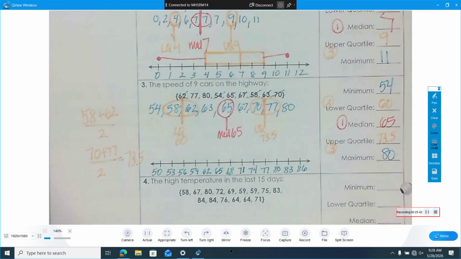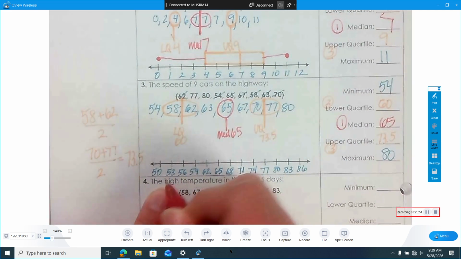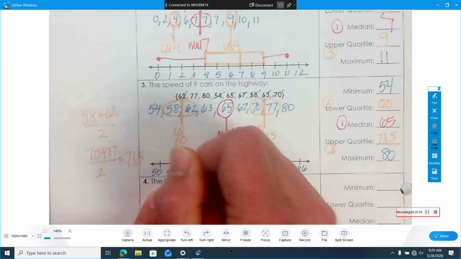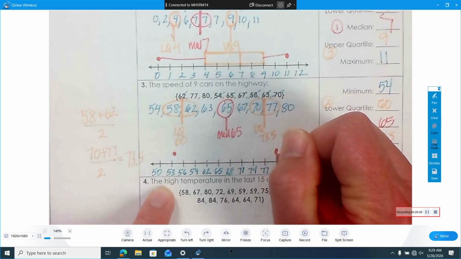So that's very good. The job is usually to spread out your data as much as you can, fill up your graphs. That's why I counted by threes. All right, so my minimum is 54, and my maximum is 80.